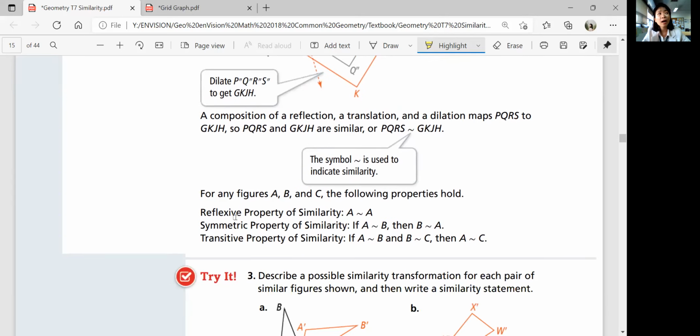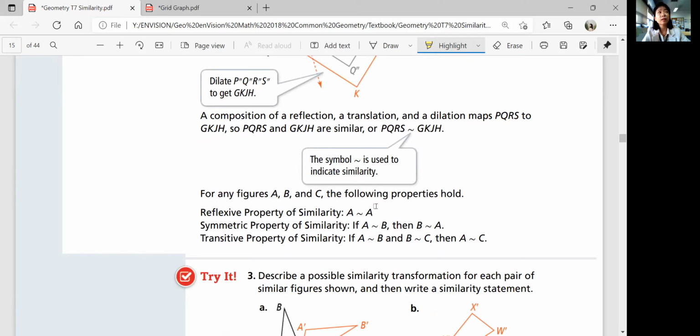Okay, so we have similar properties for similarity too, similar to the congruency properties. We've got the reflexive property of similarity: A is similar to A by itself.